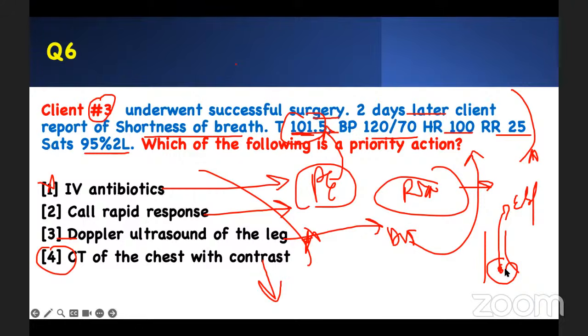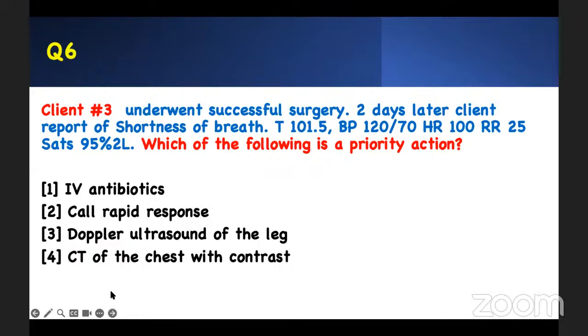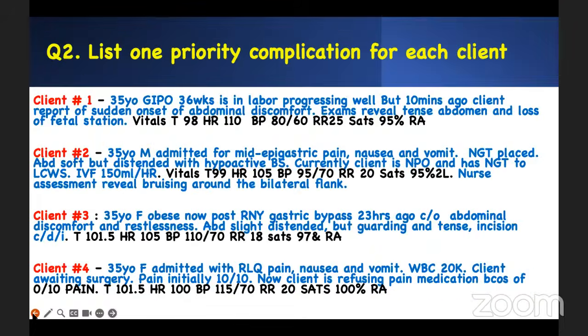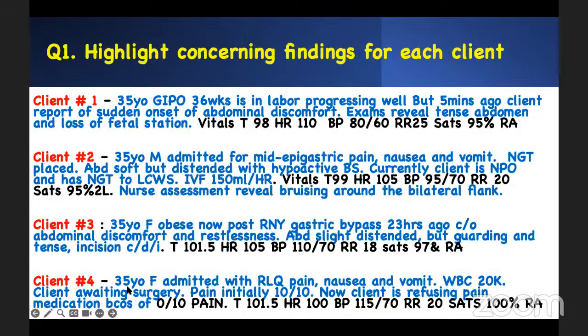Test taking strategy. This is a 6th case study, but as you saw, it was presented in a different way, just to help you out, so that in case you see it, you don't panic. You say, what is this? 4 patients in 1 case study. You manage all of them at once. If you do that, you're good.